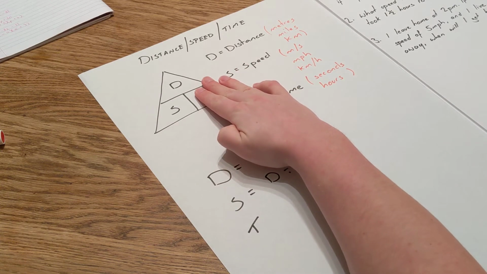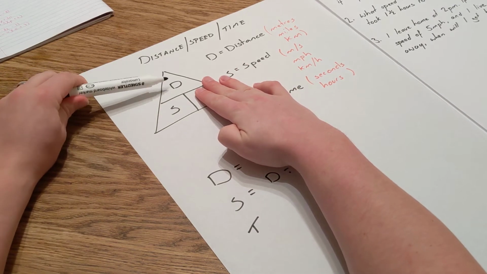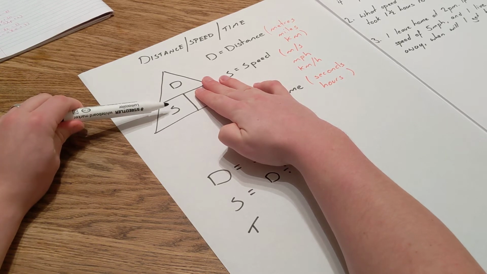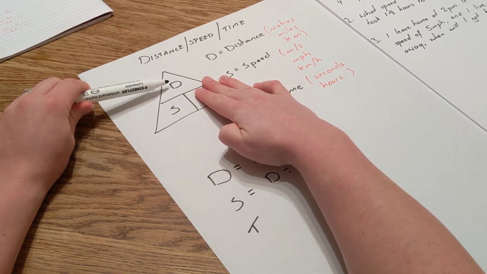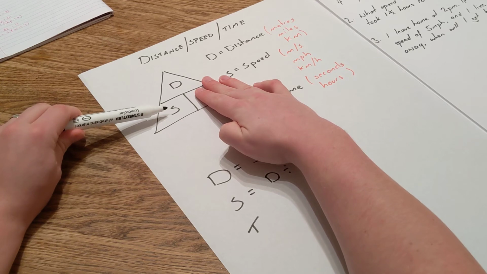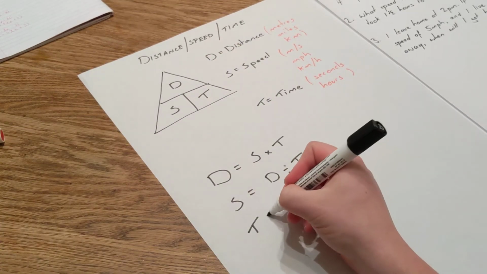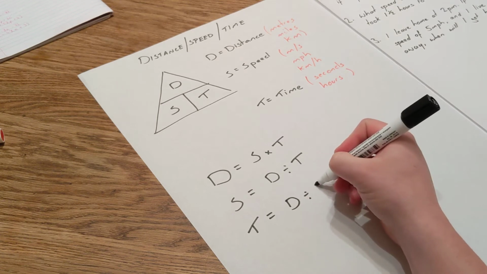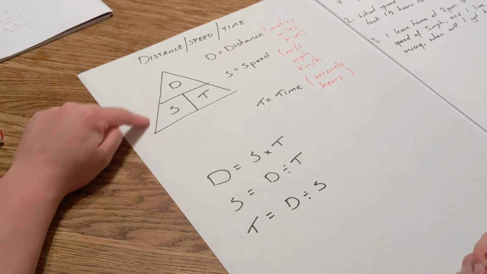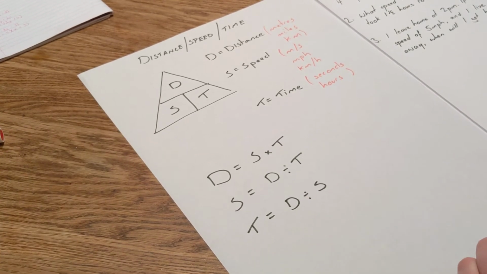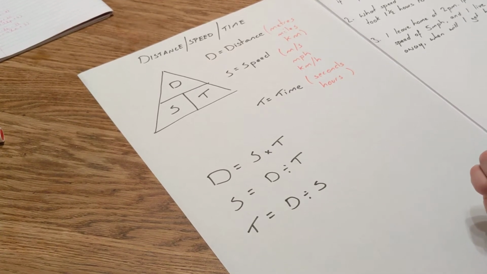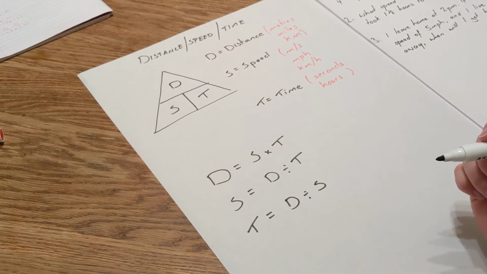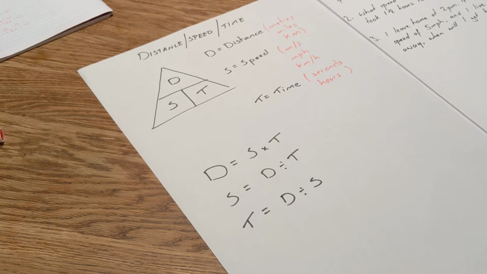So if I cover up the T, that's telling me that time is distance on top of speed. So distance is the top of my fraction, and I'm going to divide that by the bottom. So time equals distance divided by speed. Now doing that will allow you to answer every type of distance, speed, time question you could come across. Okay?